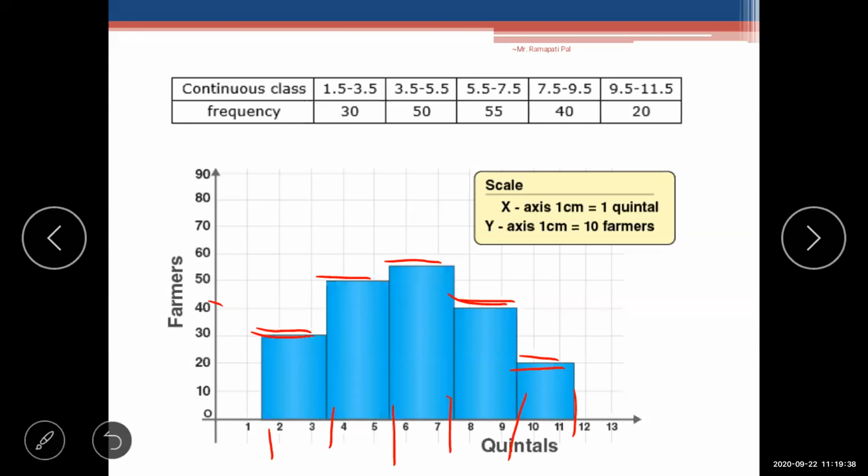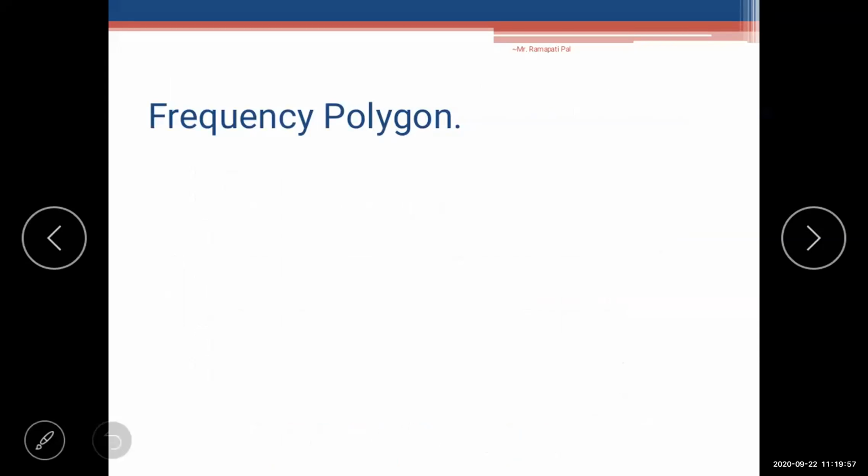Let's see the next topic, that is the frequency polygon. Now, we can draw a frequency polygon by two methods.